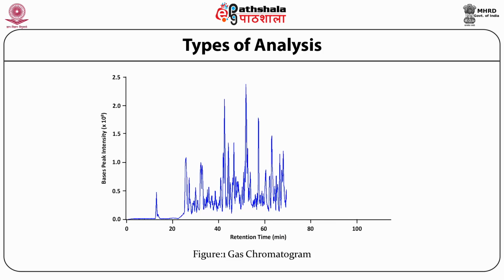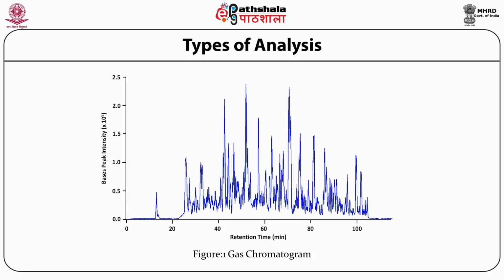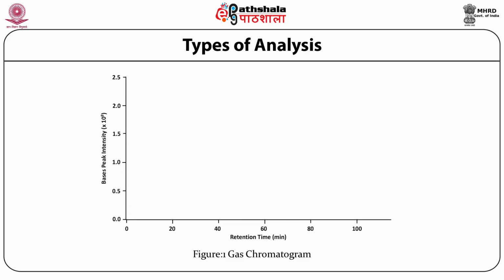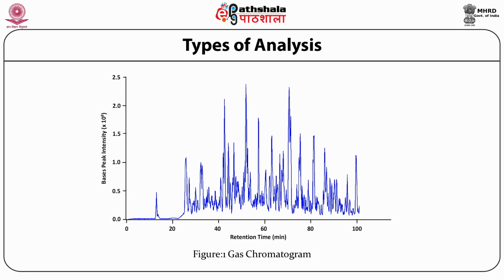You can see a chromatogram where the sample has been separated into different components showing peaks of different heights and area. It is necessary to measure the peak area or peak height of each component to analyze the components quantitatively. For well-resolved peaks, both peak height and area are proportional to the concentration of the component.